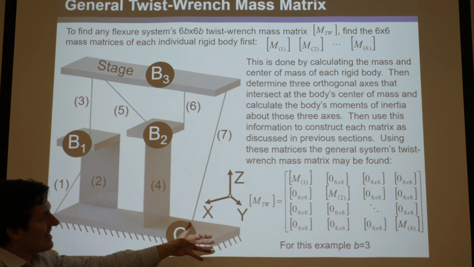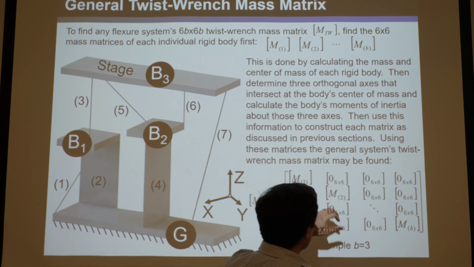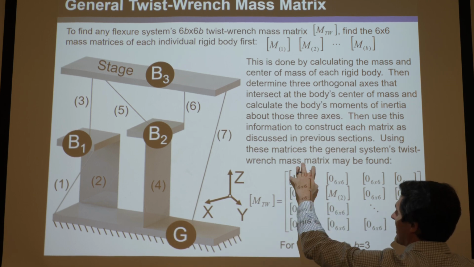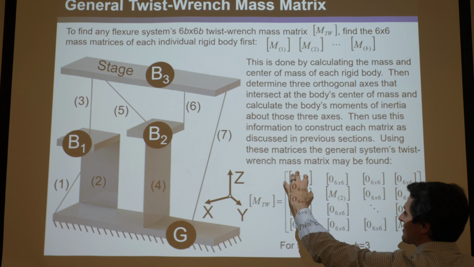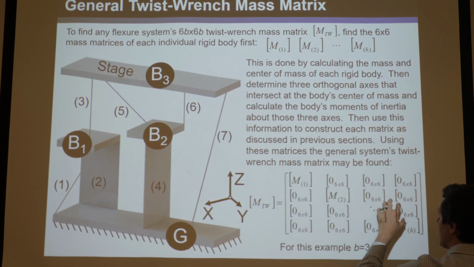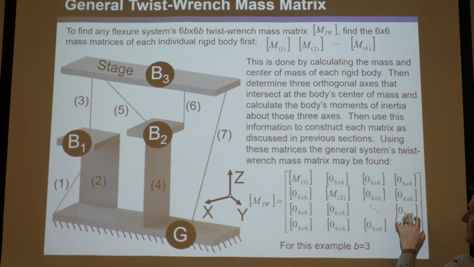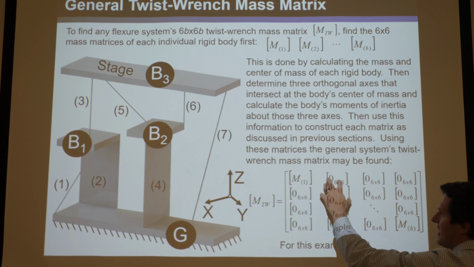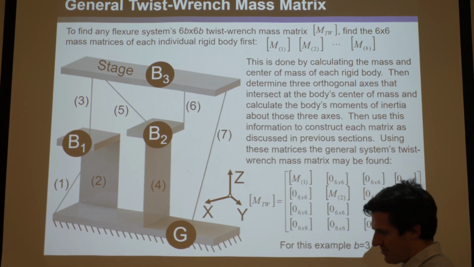So in this case, an 18 by 18 matrix, where it's kind of like a diagonal matrix, but it's not diagonal formally. You take body 1, the 6 by 6 matrix, and put it here. Body 2, the 6 by 6 matrix here, and you keep going until you get to body M, the 6 by 6 matrix here, and the rest is all 0. So it's kind of a diagonal matrix of 6 by 6 matrices, but of course that's not a true diagonal matrix.